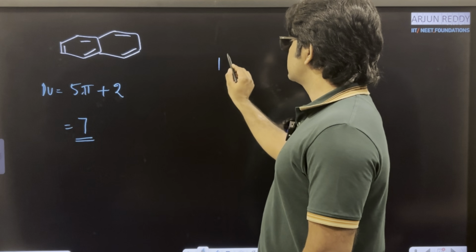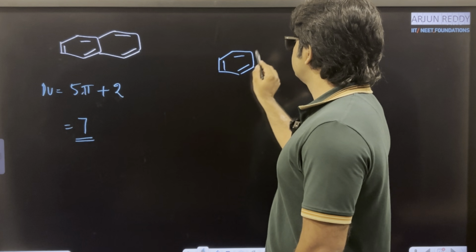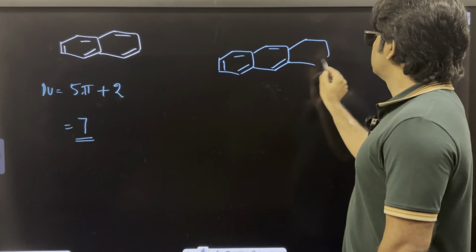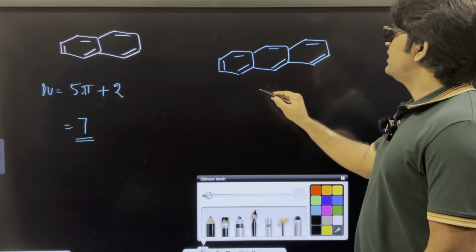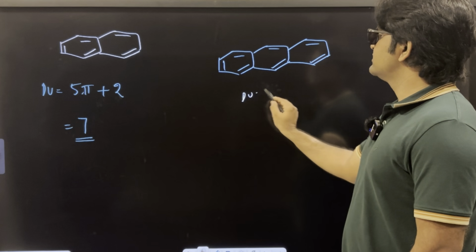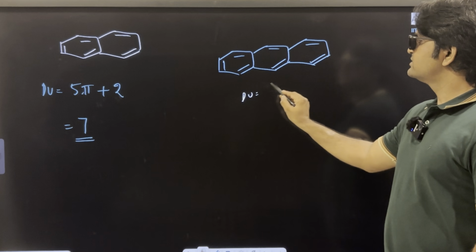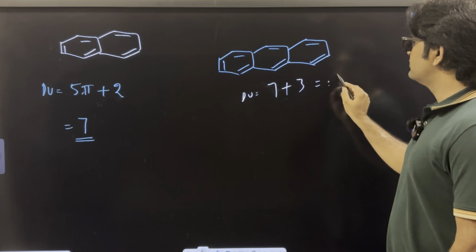For example, a question is given like this: the anthracene molecule, with 3 phenyl rings. Here, how to calculate the degree of unsaturation? How many pi bonds are there? 1, 2, 3, 4, 5, 6, 7 pi bonds, and how many rings? 3 rings. 7 plus 3 equals 10.